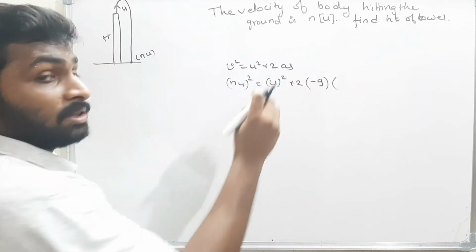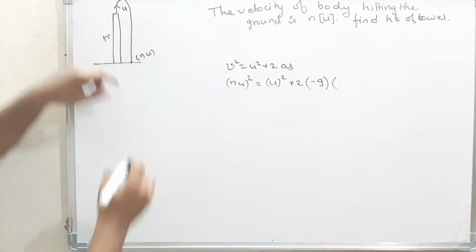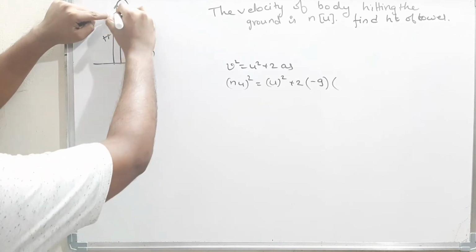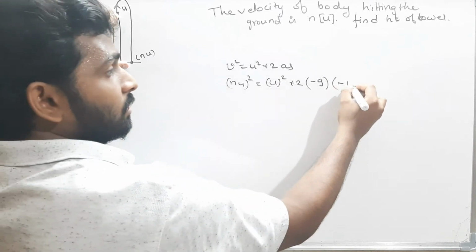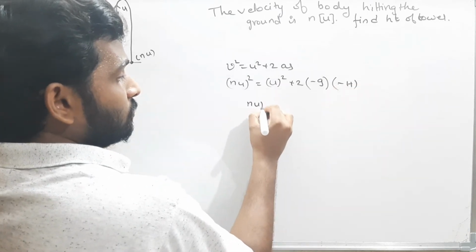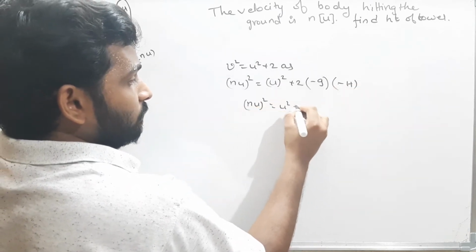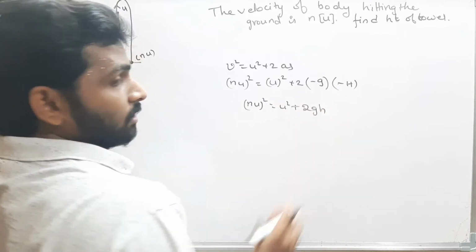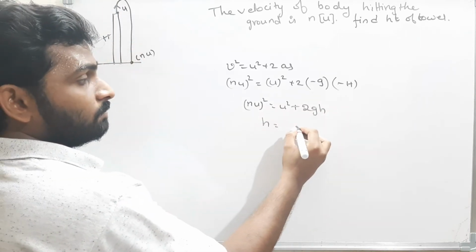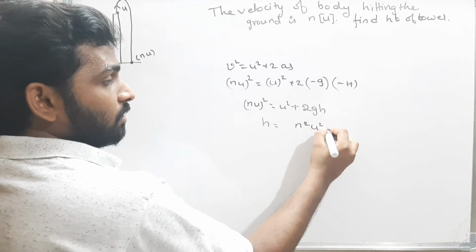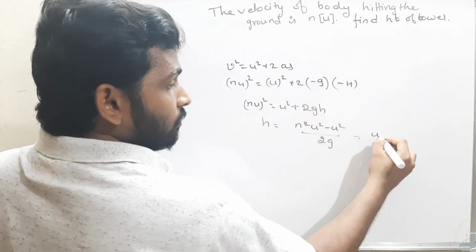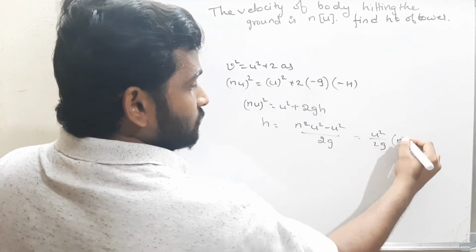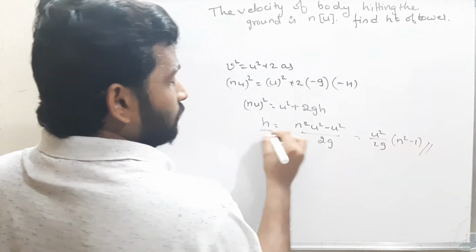And what is s? S is nothing but displacement. The final position is here and the initial position is here. Displacement is negative, that is minus h. Therefore, nu whole square is equal to u square plus 2gh. Then h is nothing but n square u square minus u square by 2g. Therefore, I take u square by 2g into n square minus 1. That is the height of the tower.